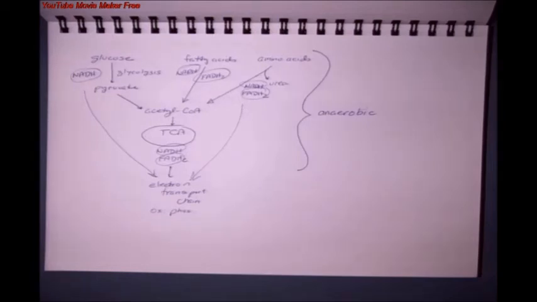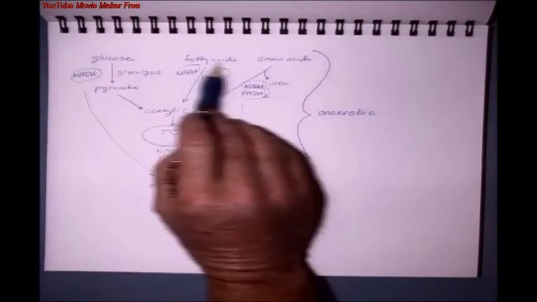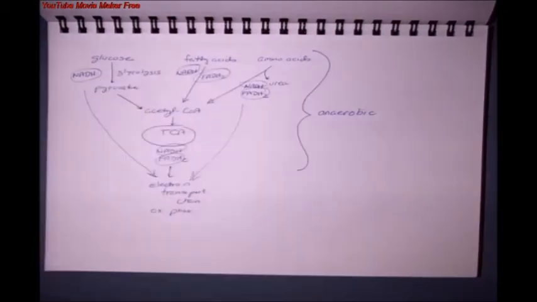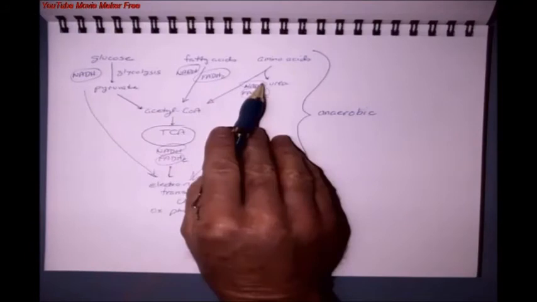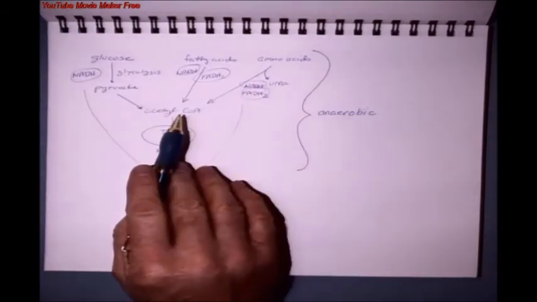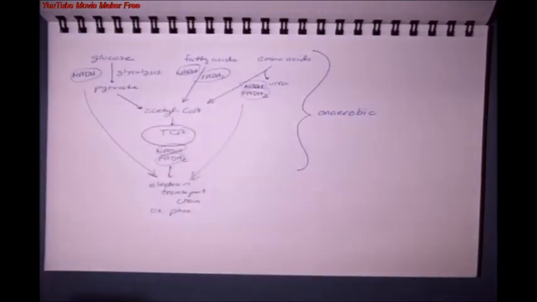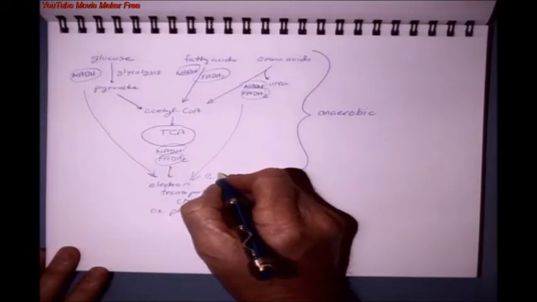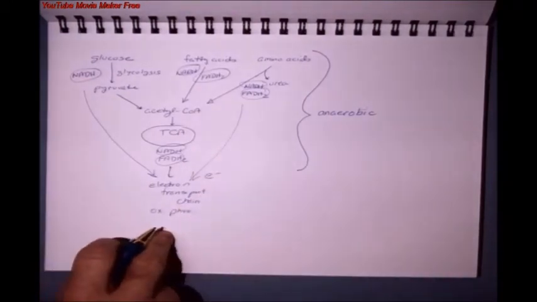All metabolism is simply a series of reductive and oxidative reactions. It's very simple. We're taking electrons from these large molecules, funneling the electrons to these carriers, NAD and FAD. They're going to hold those electrons, and then we're going to dump these electrons into the electron transport chain.